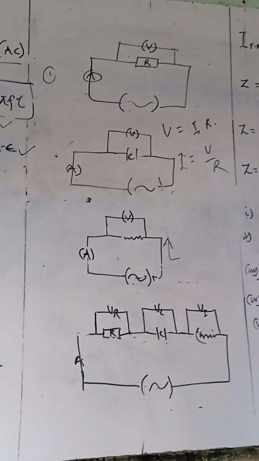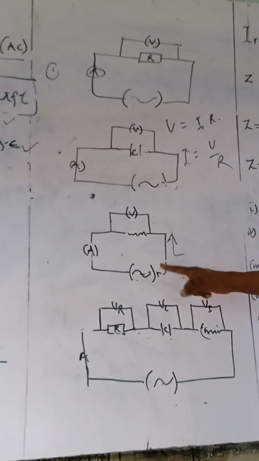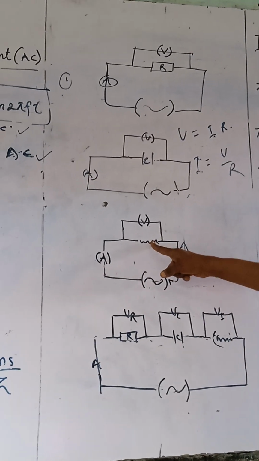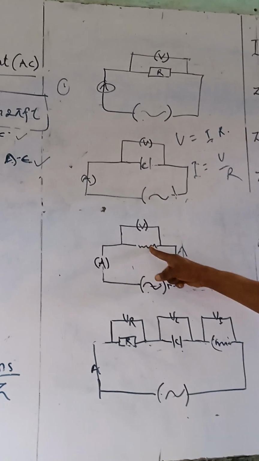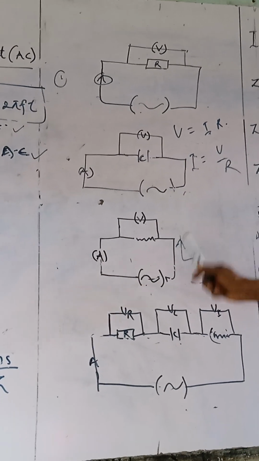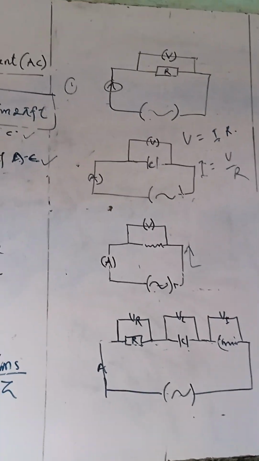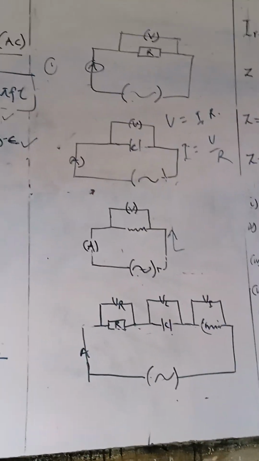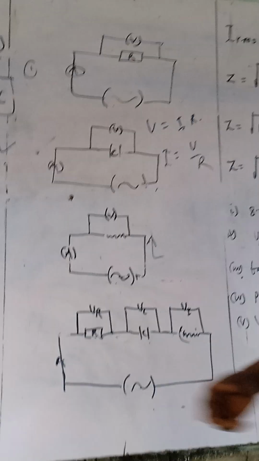Now if the regulation is offered by only the inductor, it shall be called inductive reactance. So if you look at this circuit very well, this circuit will give an example of inductive reactance because the regulator here is only the inductor.